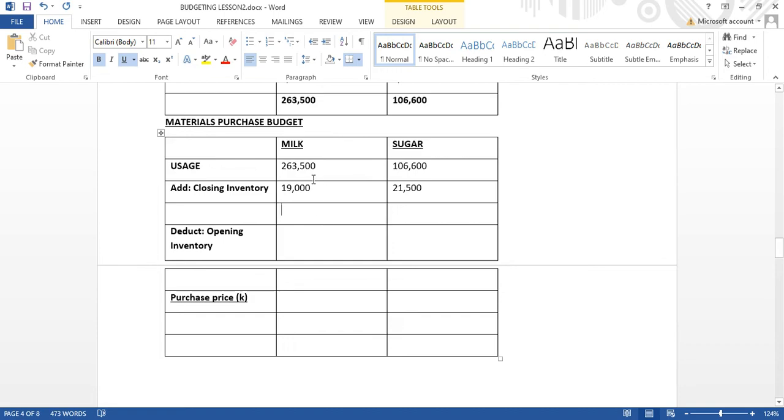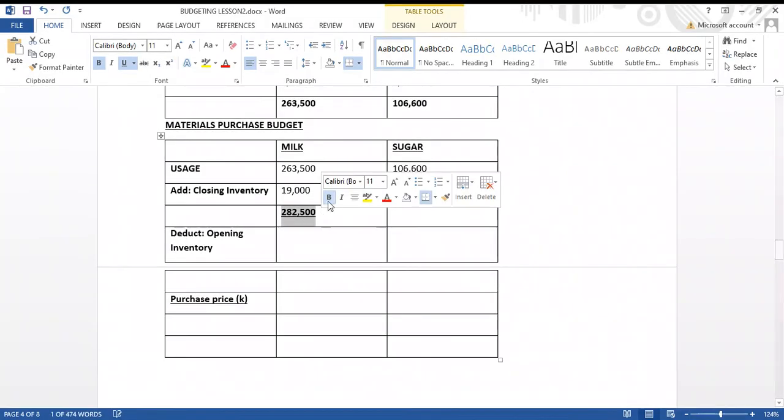Right, so we're going to add 263,500 plus 19,000. We're going to get 282,500 liters of milk.